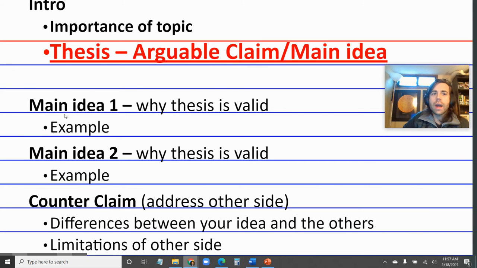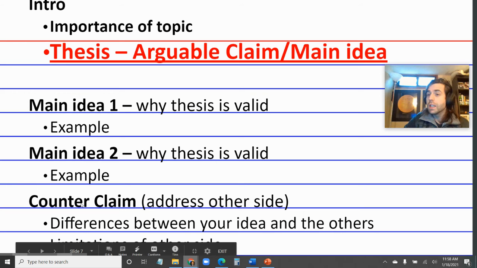And then I'm going to figure out how am I going to defend that arguable opinion with these 2 kind of main supporting ideas. Why is my thesis, my idea, valid? And brainstorm some brief examples of what I could use to back those ideas up, connecting everything back to my thesis.